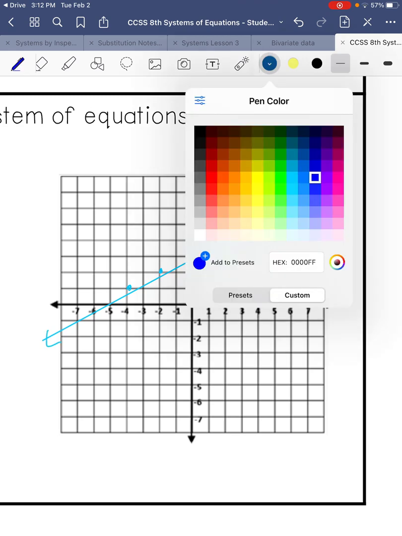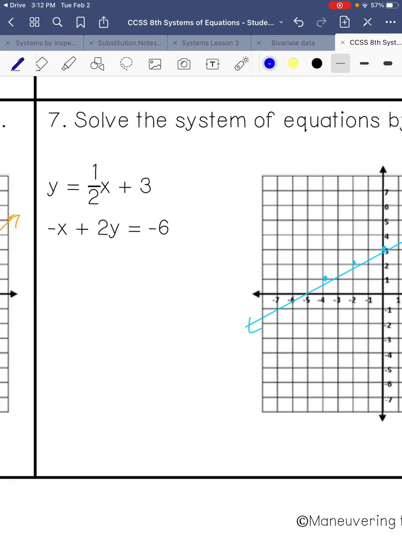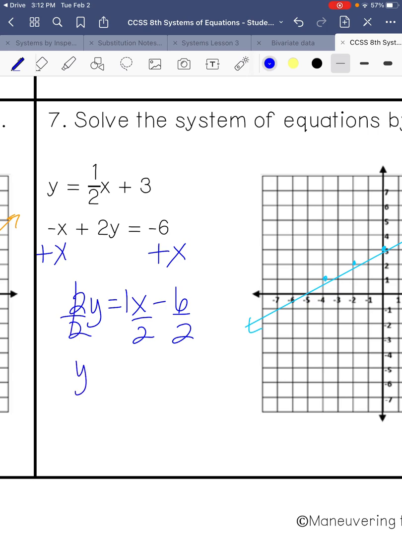And then my second equation, I have to move things around. I'm just going to add x to both sides. I have 2y equals x minus 6. I'm going to divide by 2. Don't panic, guys. Remember, there's a 1 there. So it just becomes y equals 1/2 x minus 3.